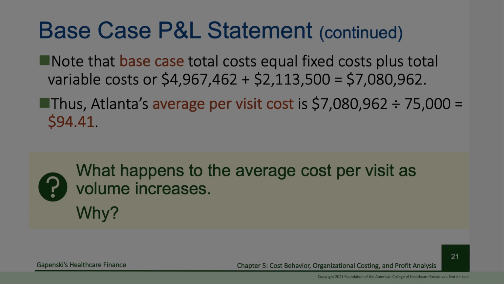If you increase the volume, the average per visit cost will decrease, not increase, because it is inversely proportional. You are calculating average per visit cost by putting the number of visits, or the volume, in the denominator. So when the denominator goes up, if the volume goes up, the average cost per visit goes down, and we get the rate of $94.41.